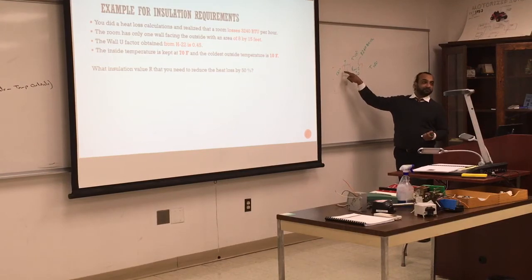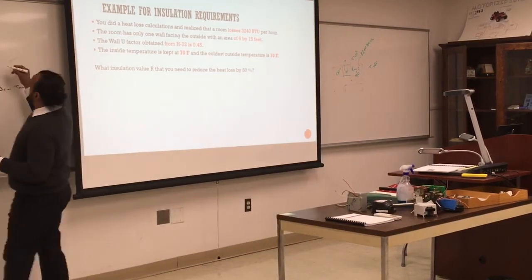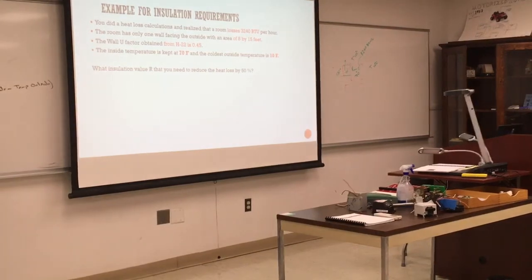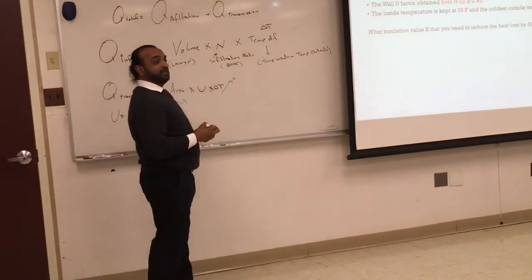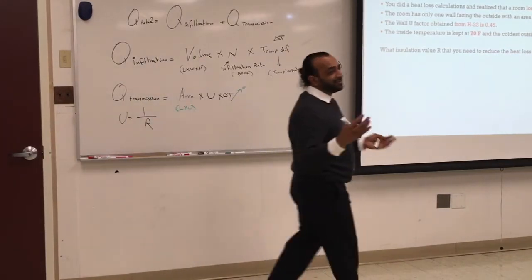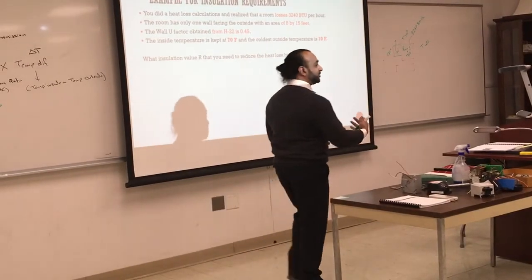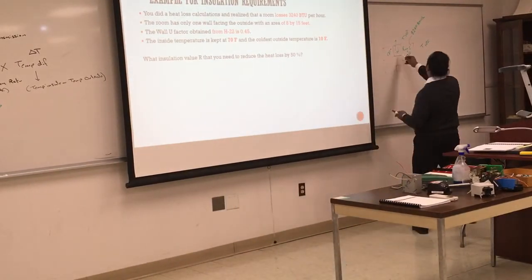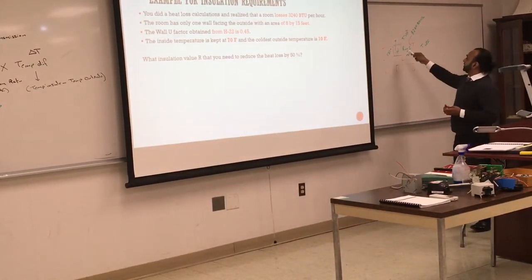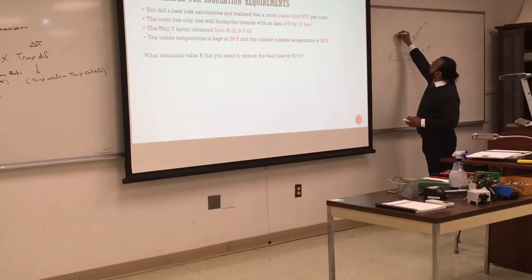No, equal. There is no heat transfer because 70 minus 70 is 0, and anything multiplied by 0 is 0. In theory, it could be 1 degree or so, but it's easier to assume there's no heat transfer between them, or very small. This wall to the outside is 8 by 15.